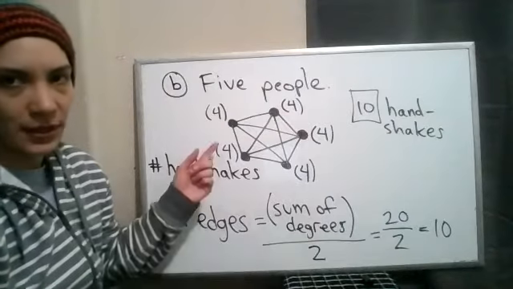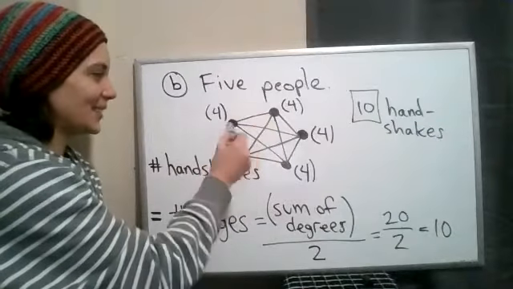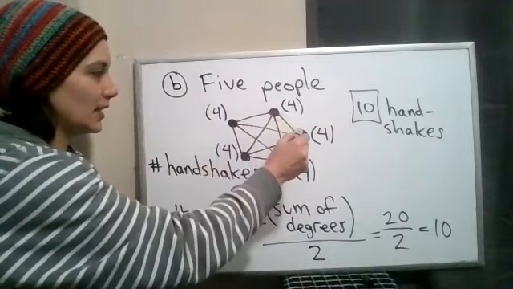You could also count in this picture. There's 1, 2, 3, 4, 5, 6, 7, 8, 9, 10.